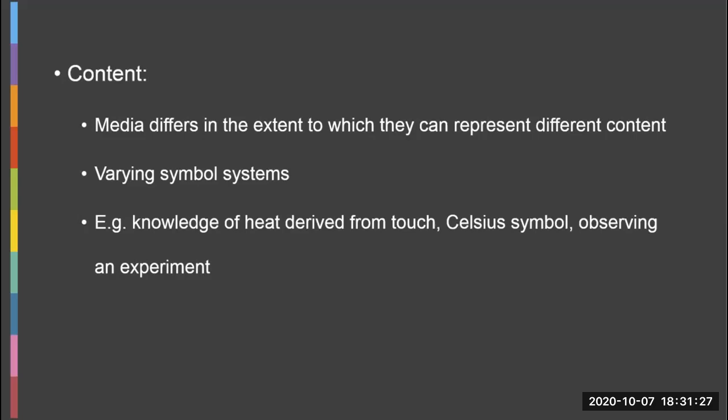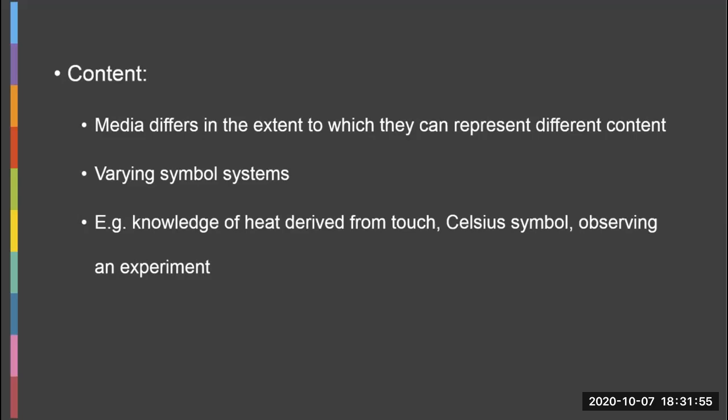Previously, it would have been your physical touch, or in this next part, it would have been reading about it in the form of a Celsius or Fahrenheit symbol, where temperature is represented, or it could have just been observing an experiment. So basically, if you conducted an experiment with the sun, and you had a magnifying glass and you try to heat up something or make it catch light.